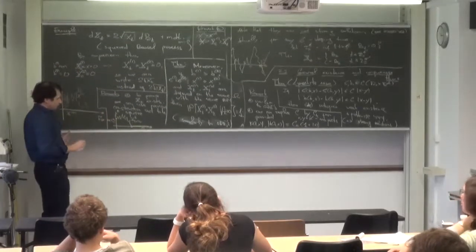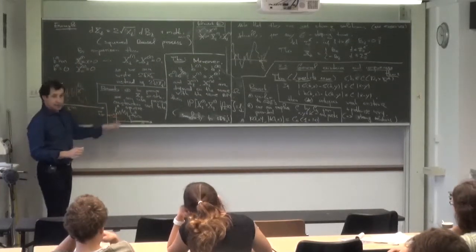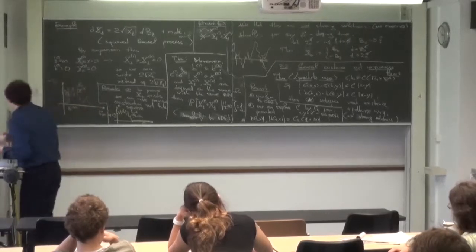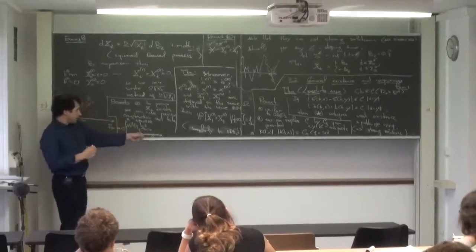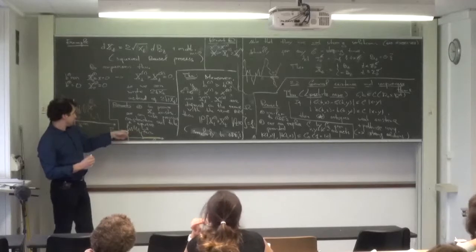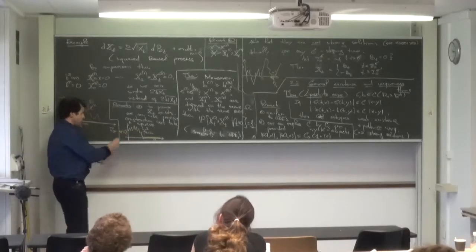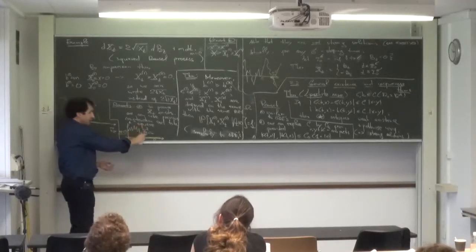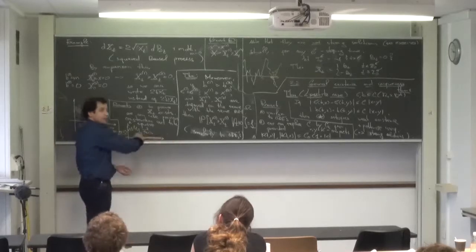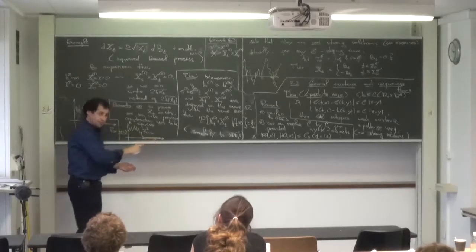To understand what's going on, just think about this example of Bessel processes. Here is basically how the solutions behave. For m less than 2, you start somewhere, you evolve for a time, then you hit 0 and you stay at 0 forever.